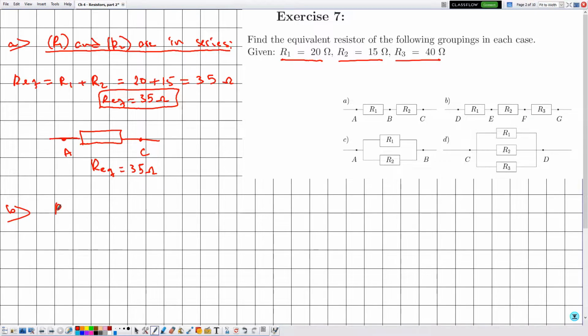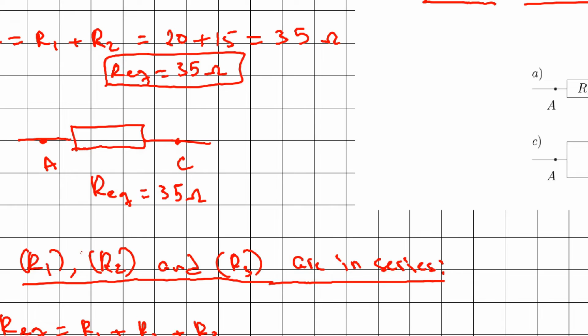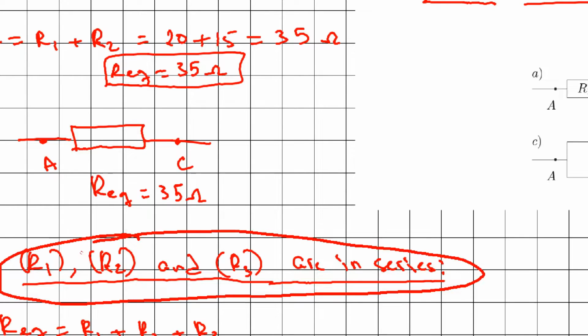Then let's say R1, R2, and R3 are in series. And in this case, the equivalent resistor is simply given by the sum. So R equivalent is equal to R1 plus R2 plus R3. So this statement, this one here, it is important, and they usually give it half a mark.